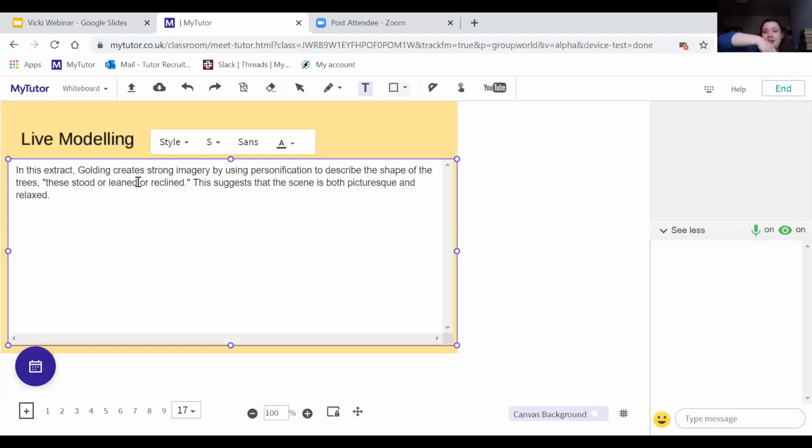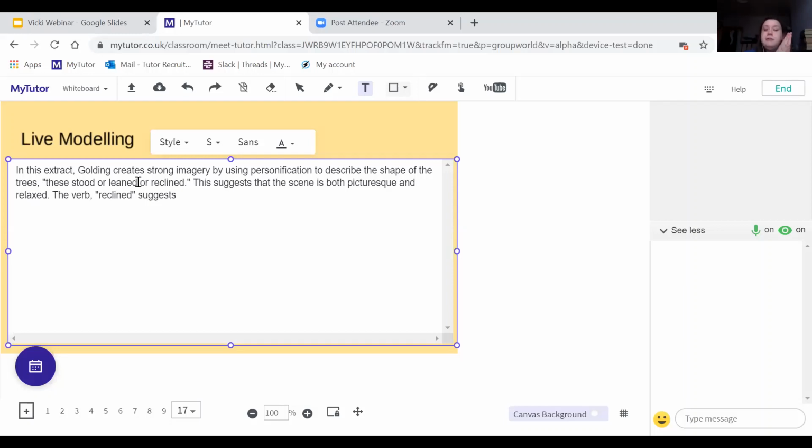I'm then going to take this on higher by talking about the verbs themselves. So the verb, comma, open speech mark, reclined, suggests. So I'm now going to speak about this in a clearer level where I'm showing deeper analysis.